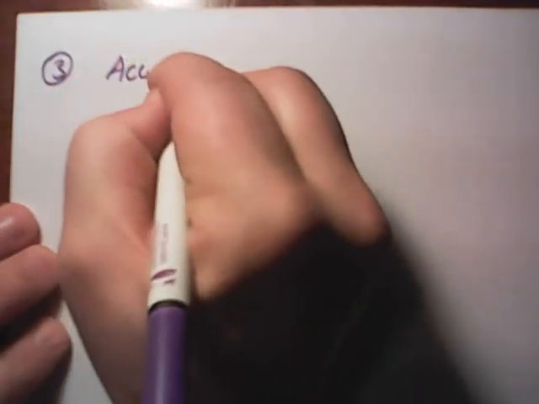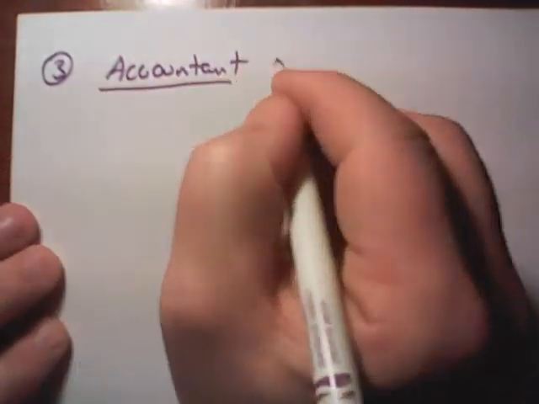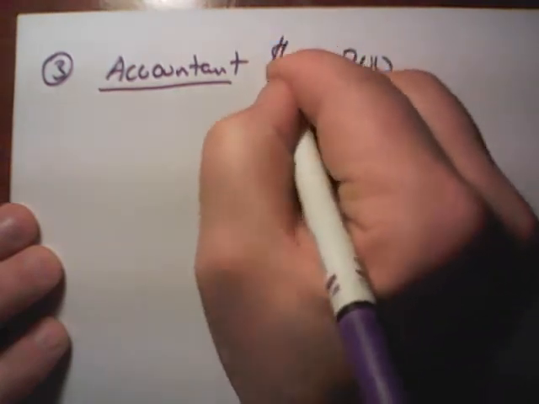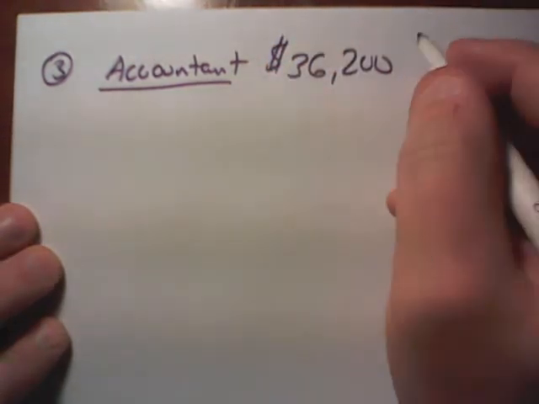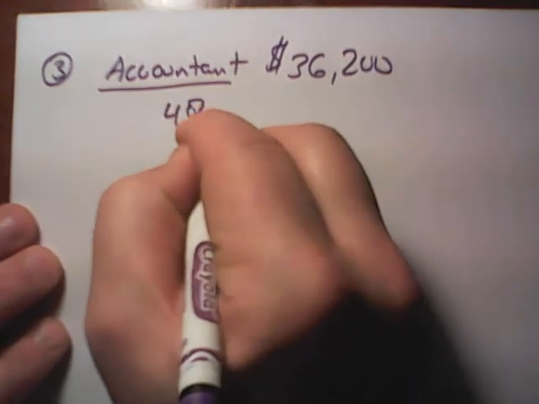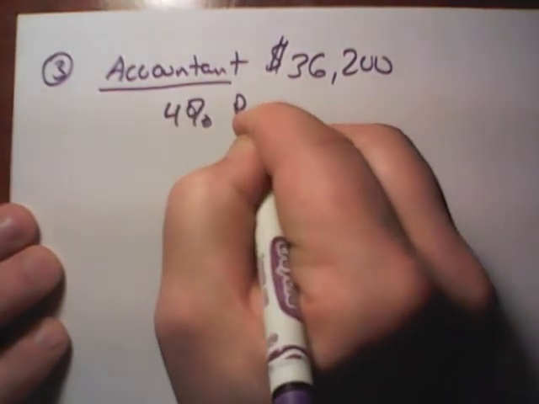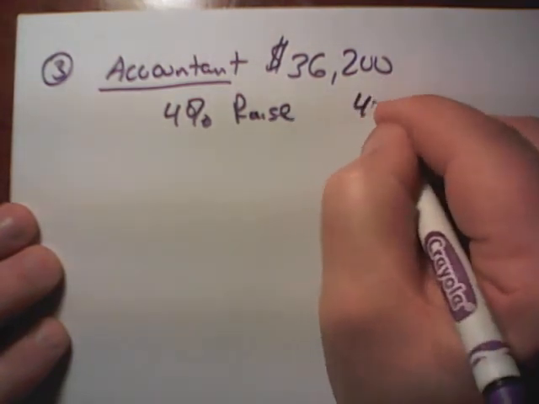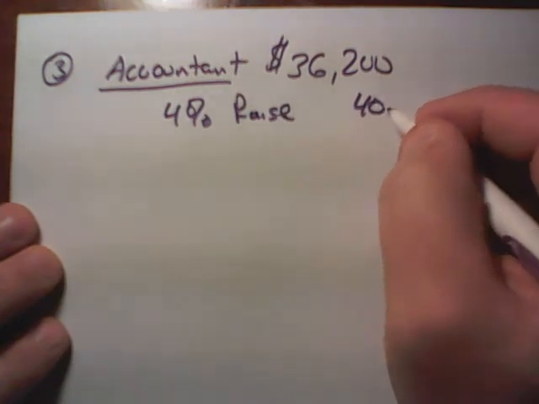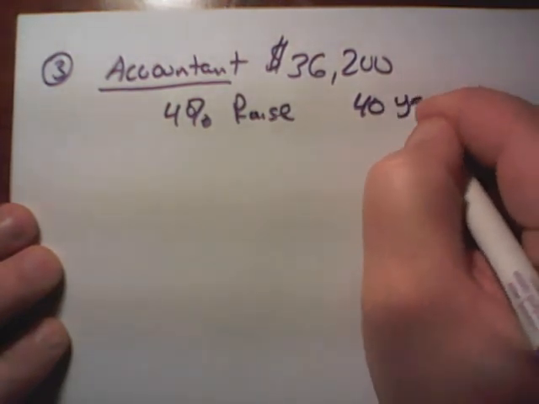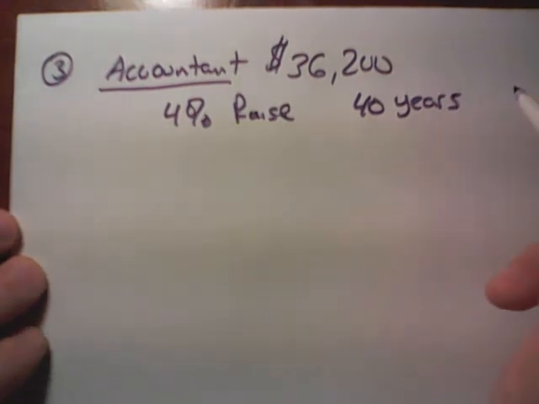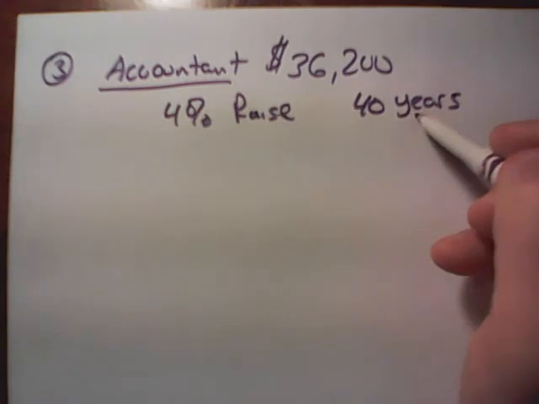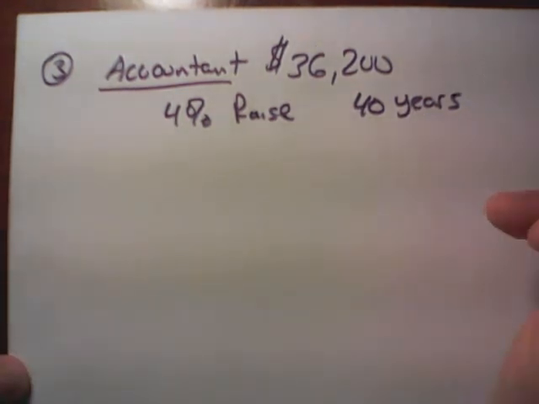Let's say you get a job as an accountant and you make $36,200 your first year, and your boss has said that you can pretty much count on a 4% raise every year. So let's assume that you stay in this job your entire career. You start at age 23, and you work until maybe 63, so that's 40 years. Just for fun, you go home that night before you accept the position and you want to find out, how much money would that be over my lifetime?